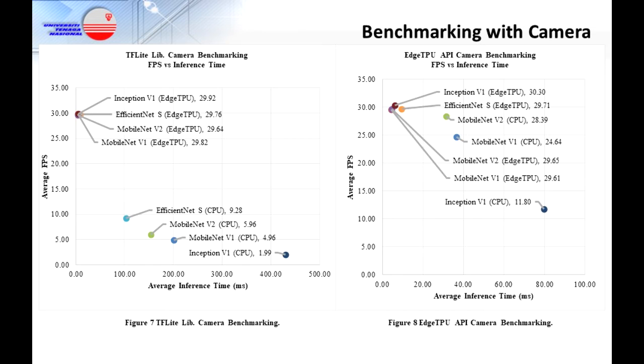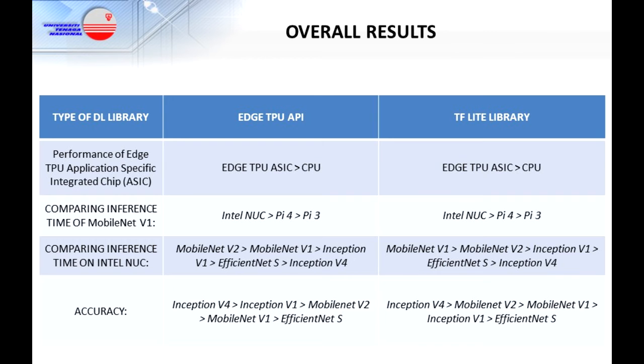For the benchmarking with camera, we plot a graph of average FPS versus average inference time. From the graph, we can conclude that the inference time will be faster if we use the Edge TPU compared with CPU.